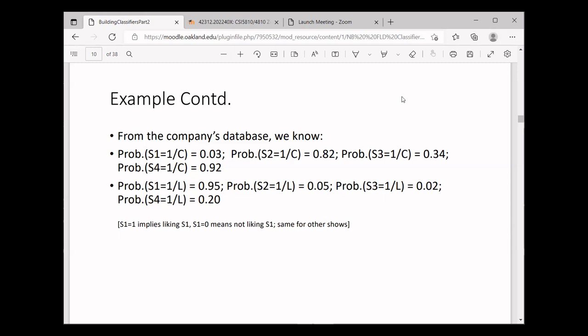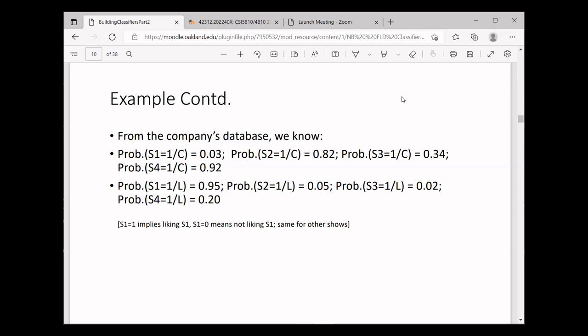So those numbers are based on historical records or whatever information you might have. And of course, for liking or disliking, that's through surveys. You conduct surveys or people provide feedback, and then you can collect that information.